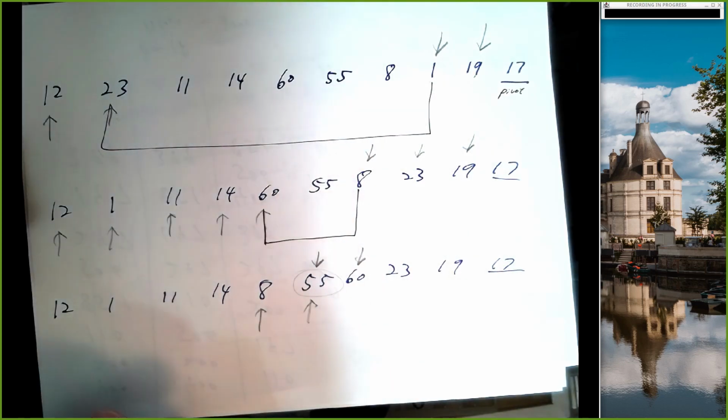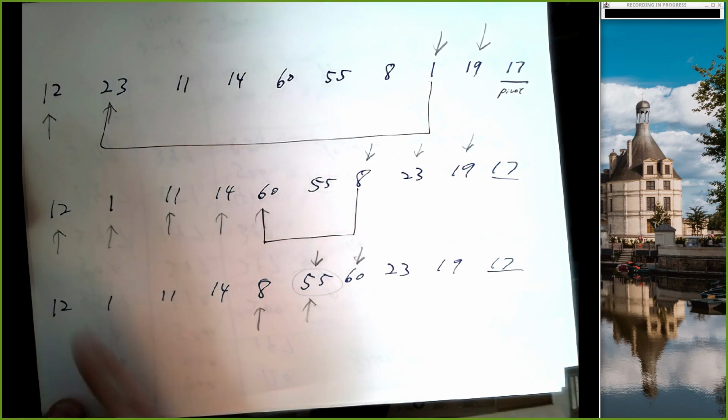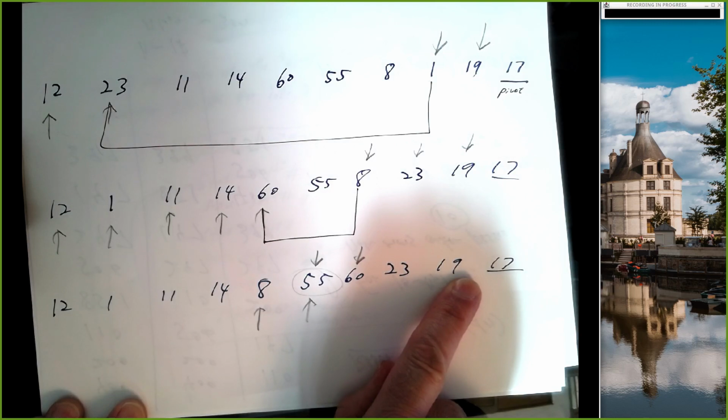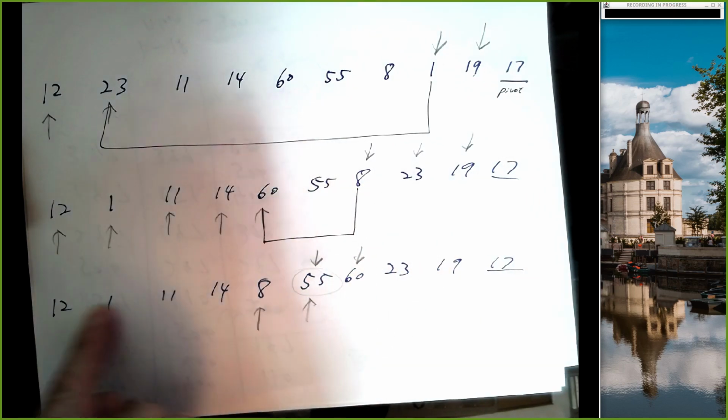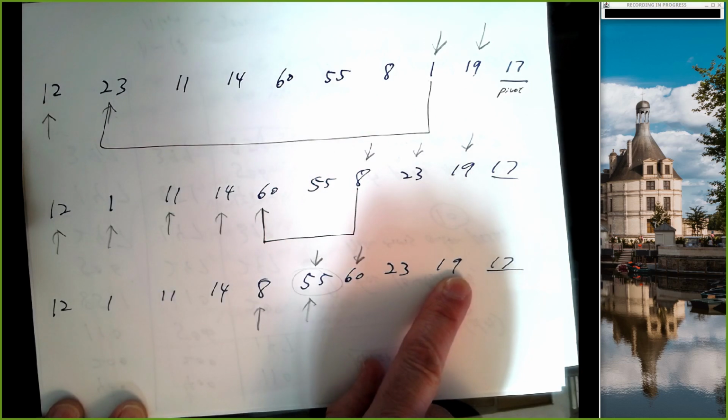What we know at this point is that everything to the left of 55 is smaller than the pivot. Everything to the right of 55 is bigger than the pivot. Everything to the left is smaller than 17. Everything to the right is bigger than 17.